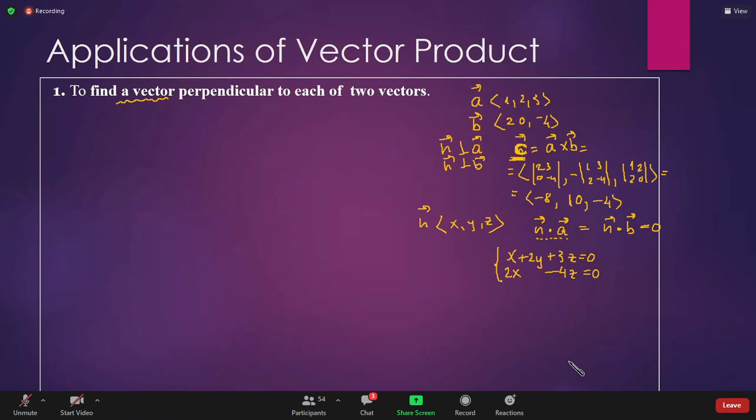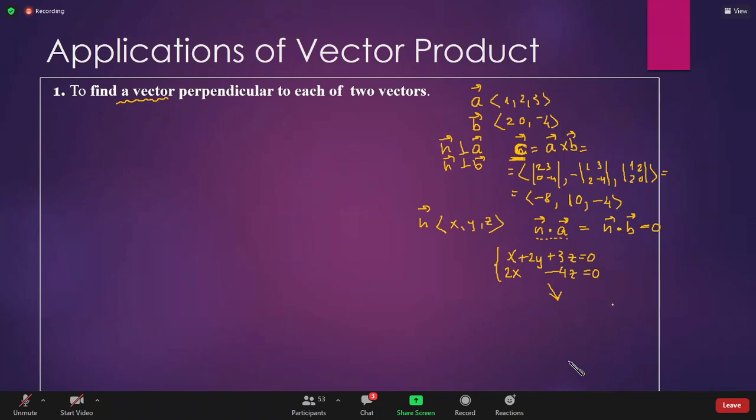I get some very interesting things. For instance, if we take z equal to some constant t, then x is something else, and then we can solve the system using, for example, the Gauss method. The solution of this system would be something using a parameter, c.